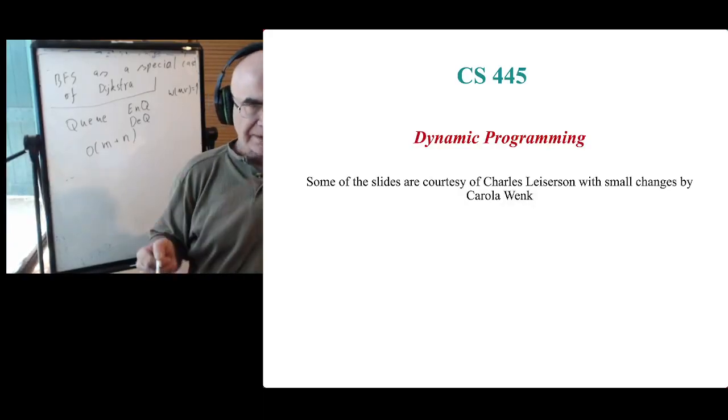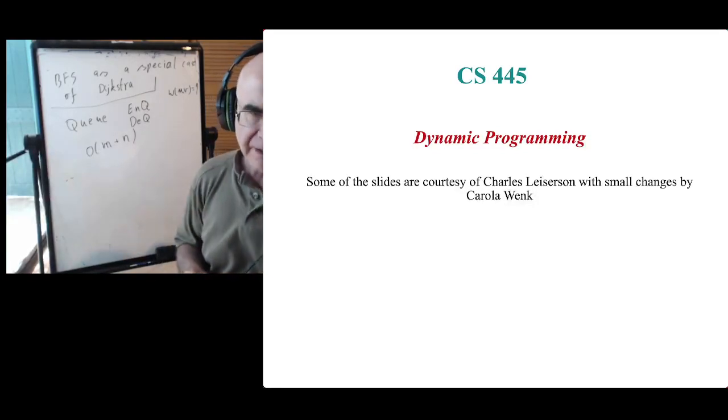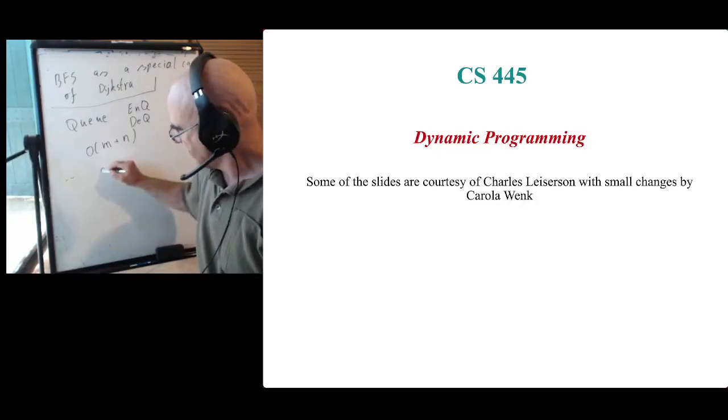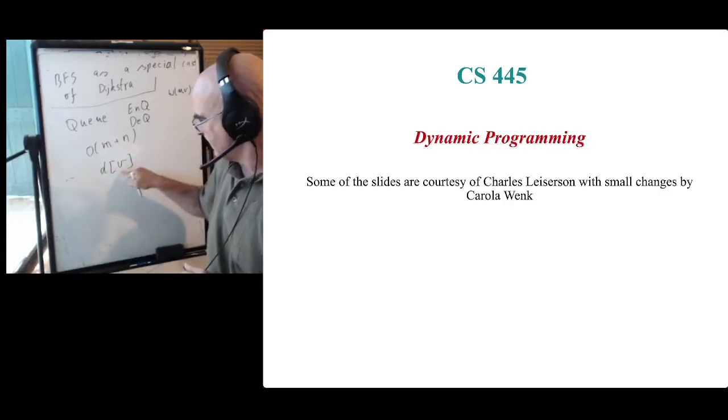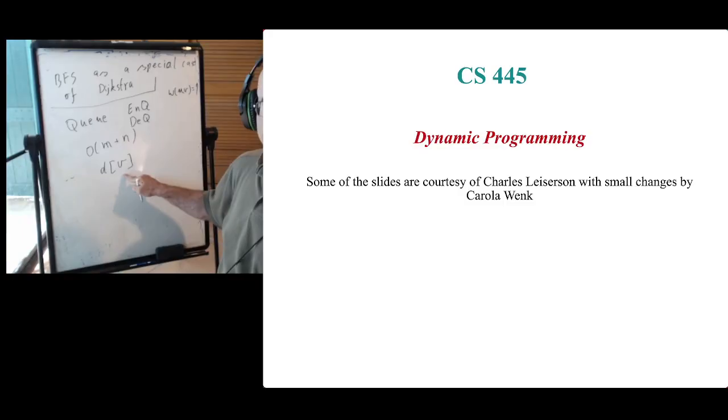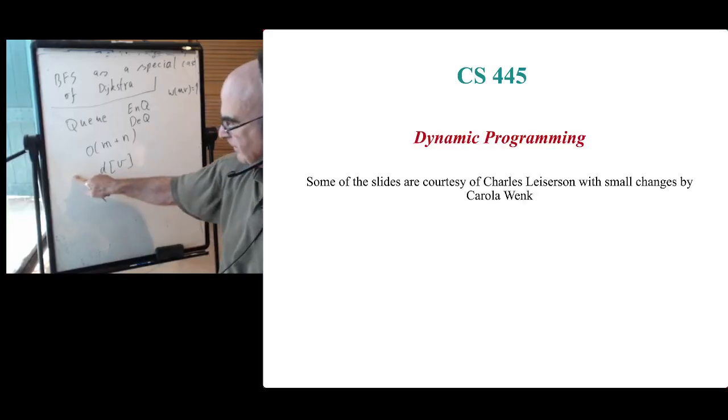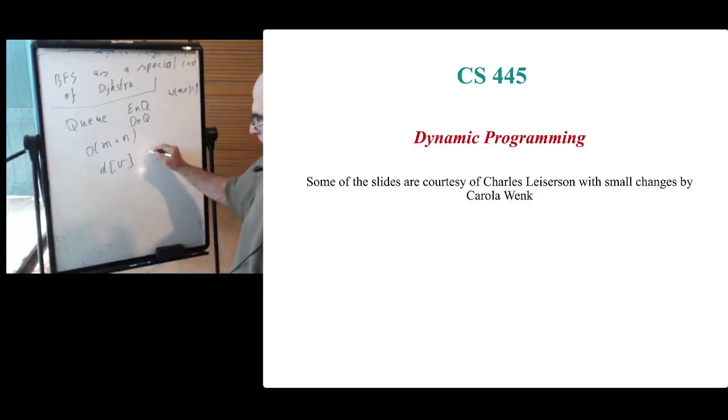The order of visiting the vertices is exactly the same as Dijkstra, but I don't miss vertices. Convince yourself that Dijkstra works. The proof of Dijkstra is that when Dijkstra ends, it reports for every vertex v some number d of v. It's easy to convince ourselves that as the algorithm runs, d of v is always at least delta of s to v, where delta of s to v is the length of the shortest path.